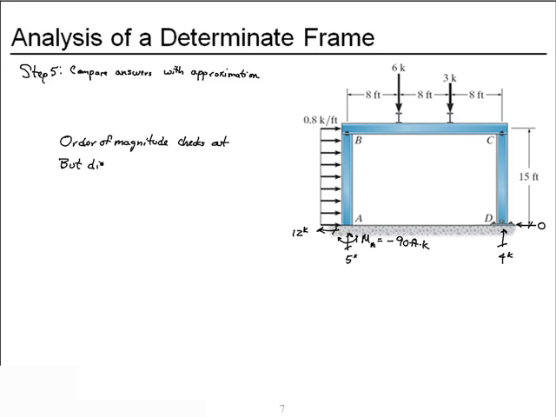But the distribution of our reactions is very different from the approximation. And the question is why? Either we've made a mistake along the way, or some of the assumptions we made were not great, and so all we can get is an order of magnitude check from our approximation.